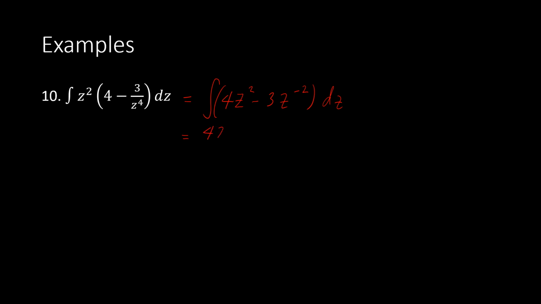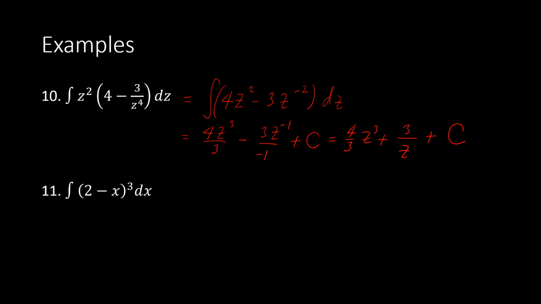That will be 4z cubed all over 3 minus 3z to the negative 2 plus 1 is negative 1 over negative 1 plus c equal to 4/3 z cubed. Negative over negative is positive 3. Z to the negative 1 is equivalent to 1 all over z plus the constant c.